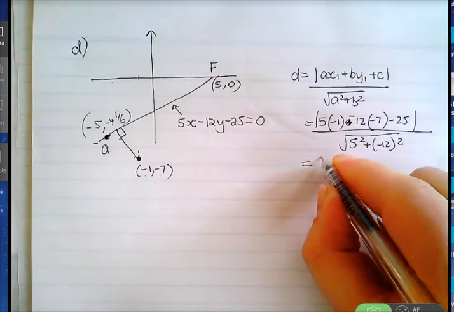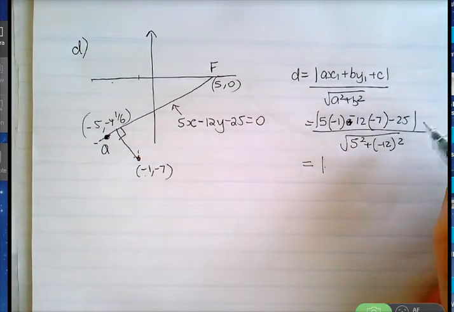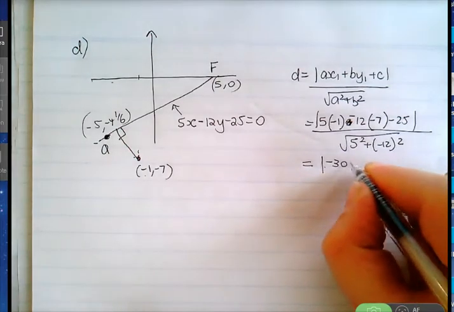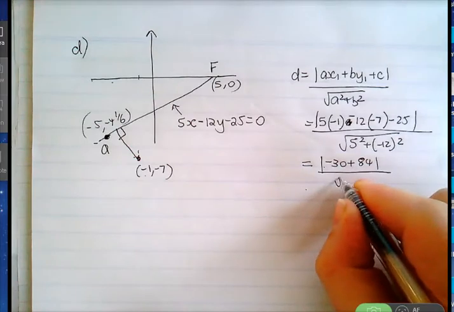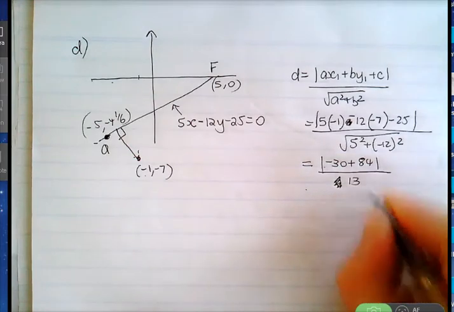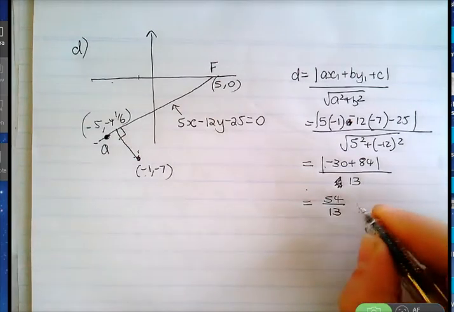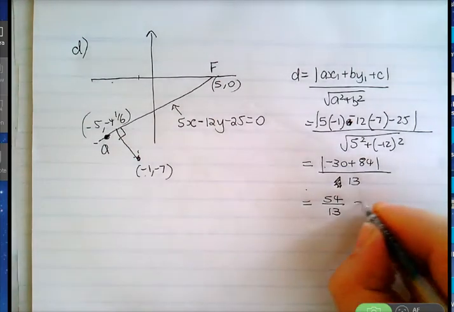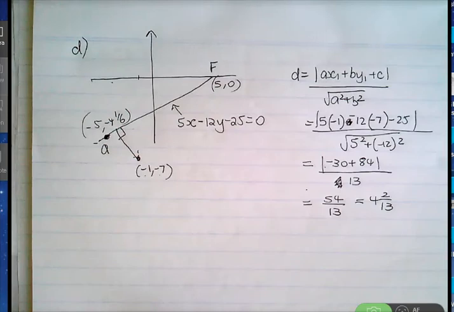So we get absolute value of -5 plus 84 minus 25, so that's -30 plus 84. Okay, positive 54 over, isn't this 13? Yep. It's a triad. So it's 54 over 13, which is, it'd be nice if it was 52 over 13. 4 and 2/13. So that's the perpendicular distance of the chord to the line.